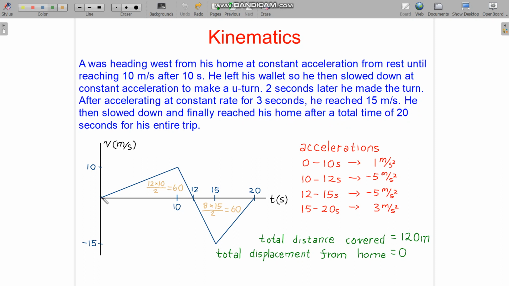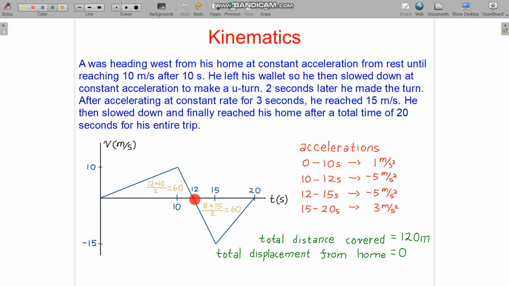So this is the home, and he's going, let's say, to the right. It's getting faster, the velocity is increasing to 10 meters per second after 10 seconds, and then he realizes he left his wallet, so he's going back, so he's decelerating, still going to the right but slowing down, and stops right here.